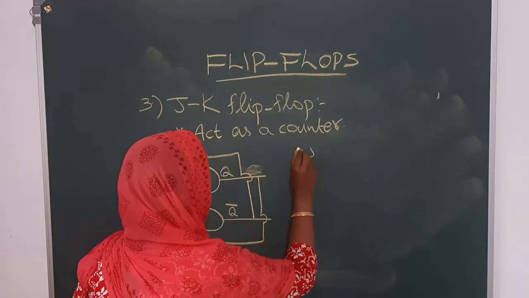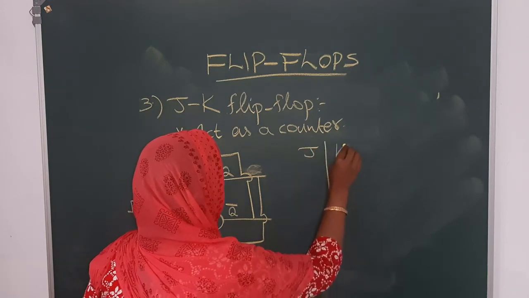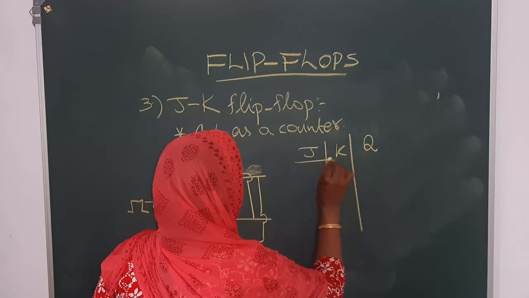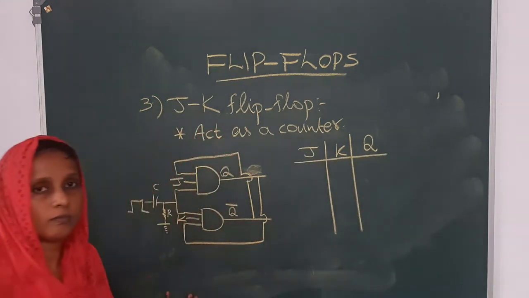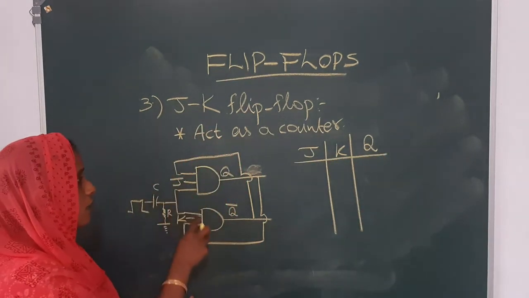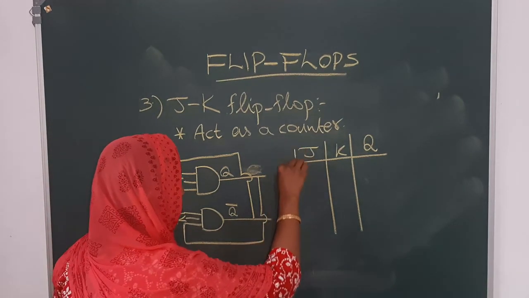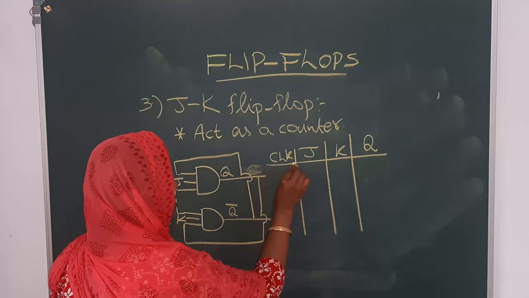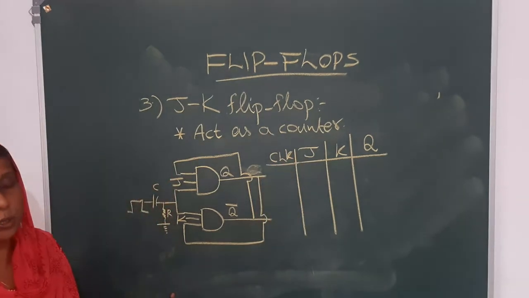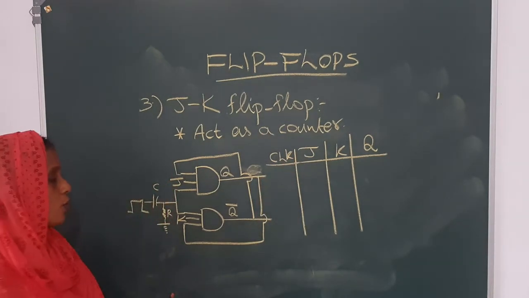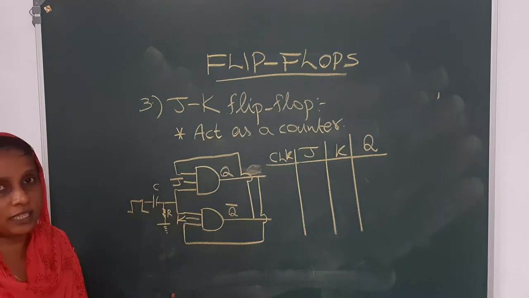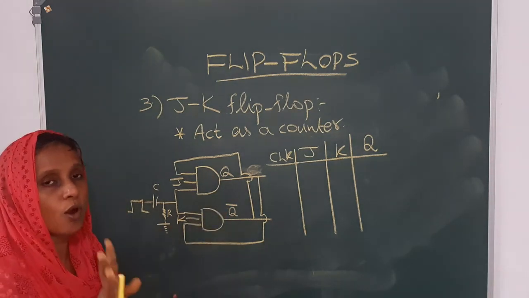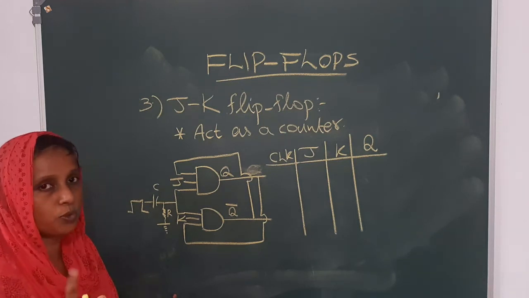I can draw the truth table here: J, K and Q, and one more input, the clock, CLK. Now you know the behavior of an AND gate. If one of the inputs is 0, there is no output for the AND gate. It is always low, right?